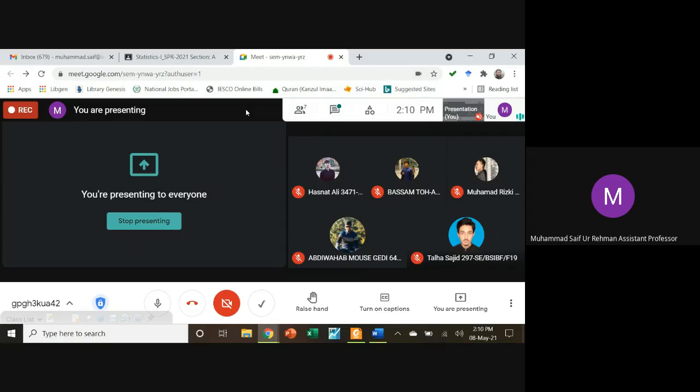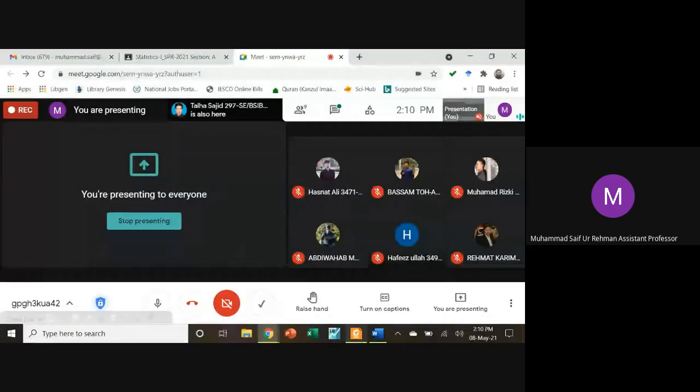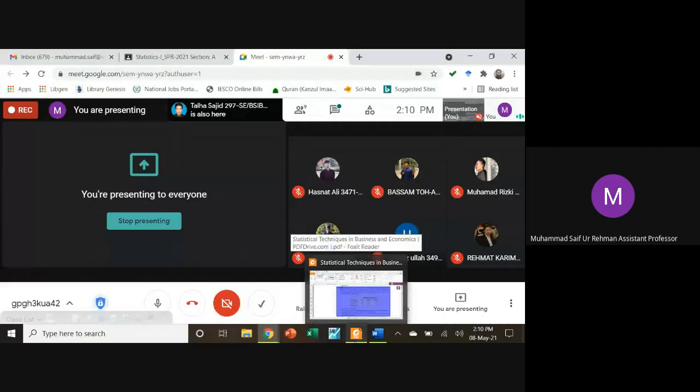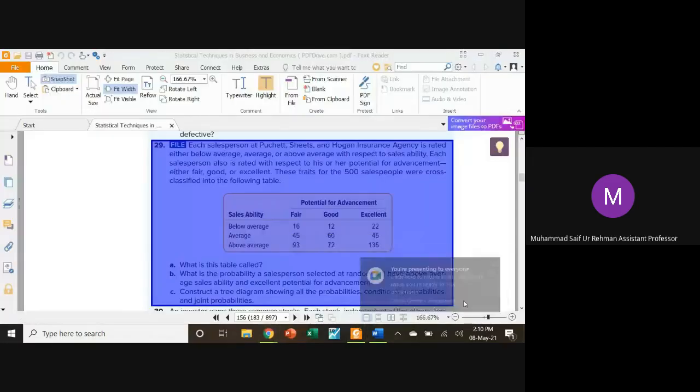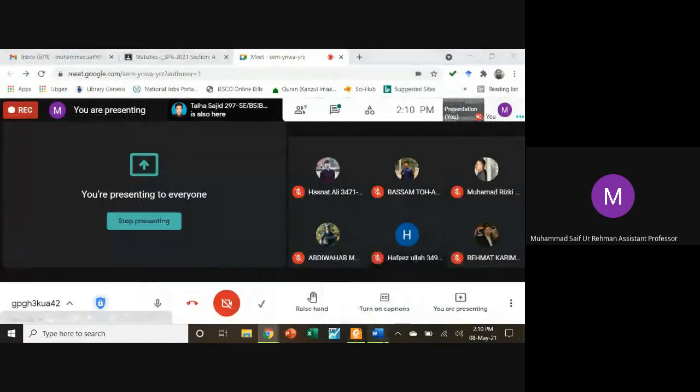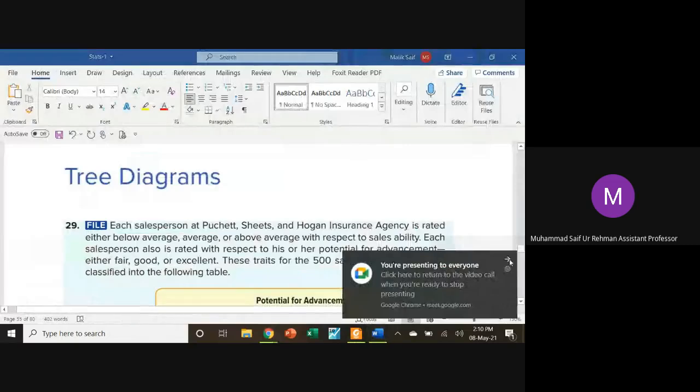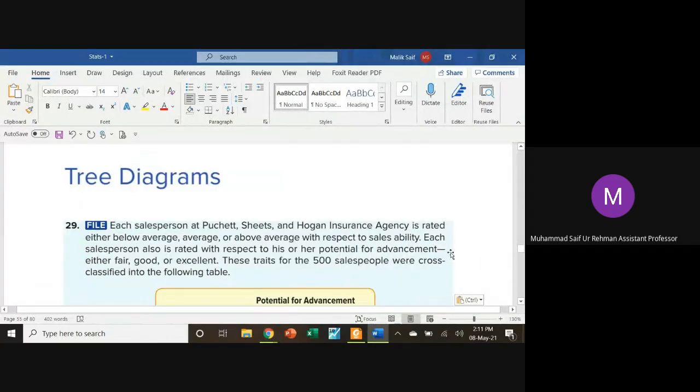So today we are interested in learning tree diagrams. So let us see what we mean by tree diagrams. And we are interested in solving an example which will help us in understanding the concept in detail.